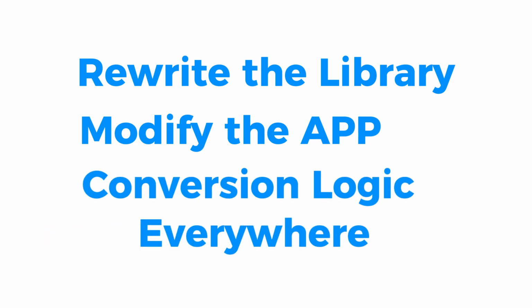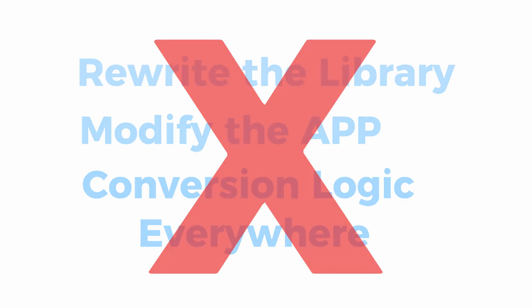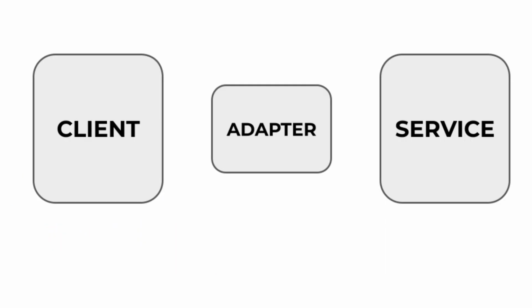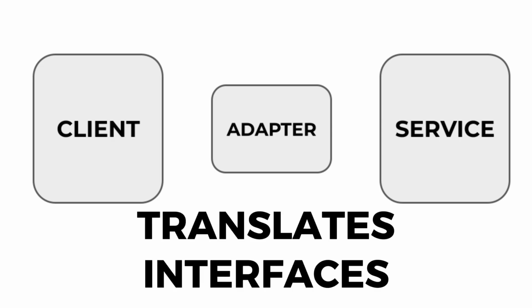Suddenly, your codebase becomes chaos. Instead of rewriting everything, we add a small translation layer. This is called the adapter pattern.